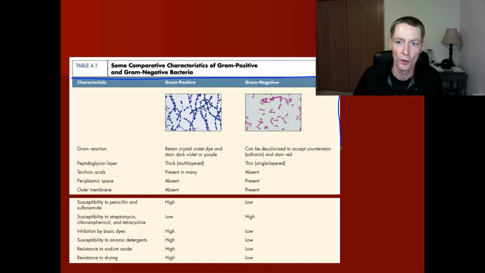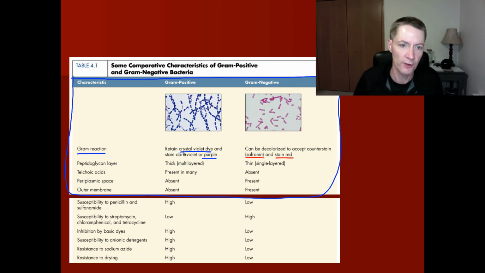So you'll want to understand some of the differences between gram-negative and gram-positive organisms when it comes to how they would stain, whether they would stain purple for gram-positive, or whether they would stain red.